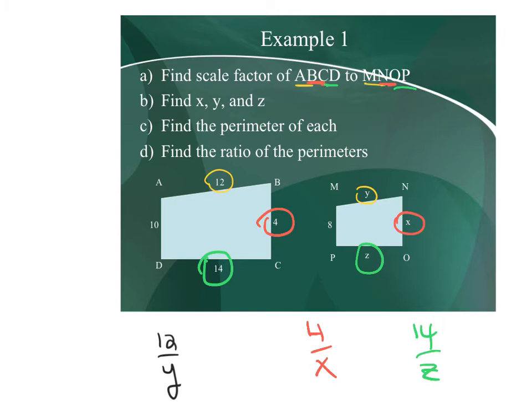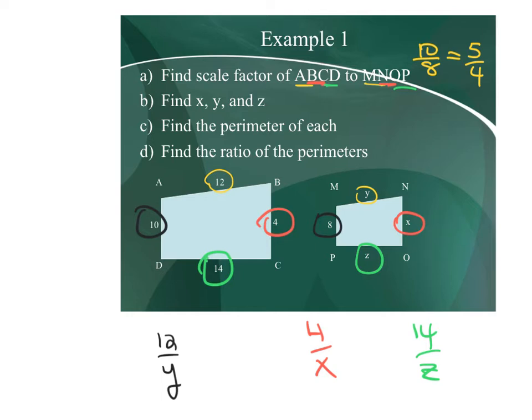But if I use AD with MP, I finally have a complete ratio, and it's 10 to 8, and I need to simplify that to 5 to 4. So that would be my scale factor, and again, the order is important.